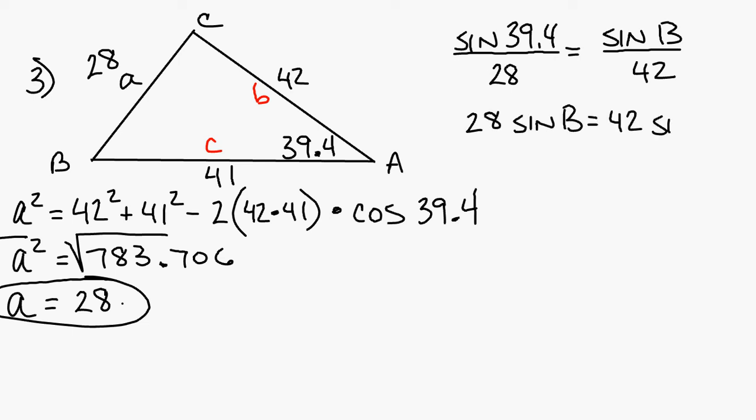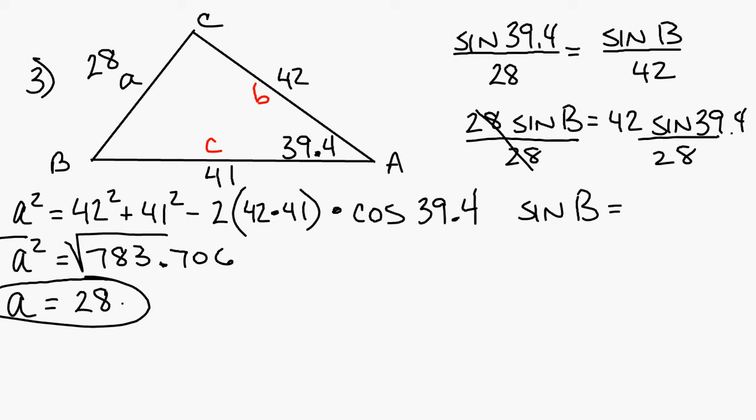And you can divide both sides by 28. So your sine of B is equal to 42 times sine 39.4 divided by 28. 0.952.